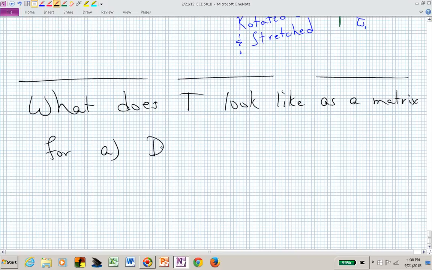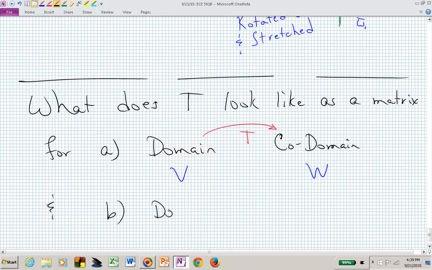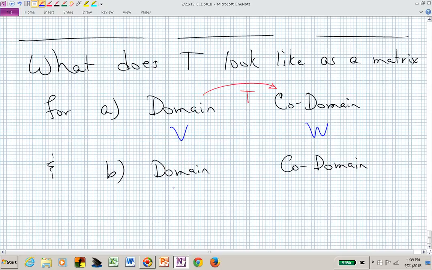Where our domain is V and our codomain is W, we now have this map T. We want to find the matrix representation of that linear map, and we want to do it for the other combination too, where our domain and codomain are V bar and W bar.